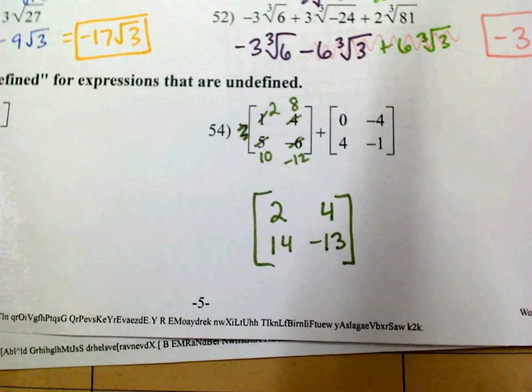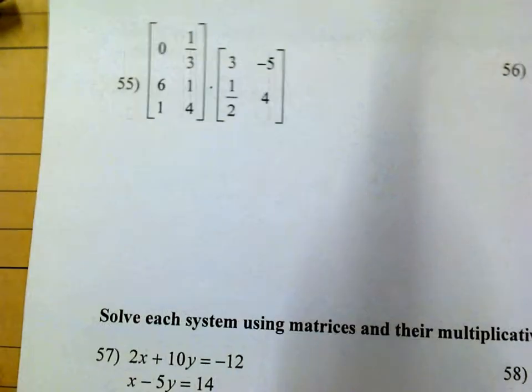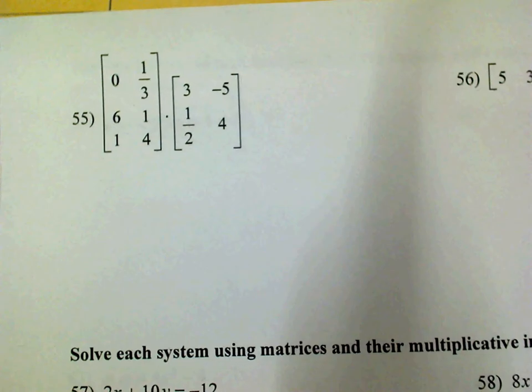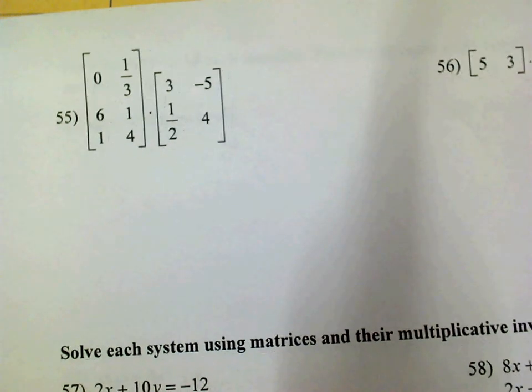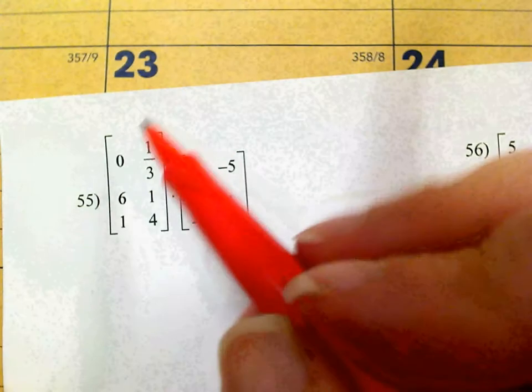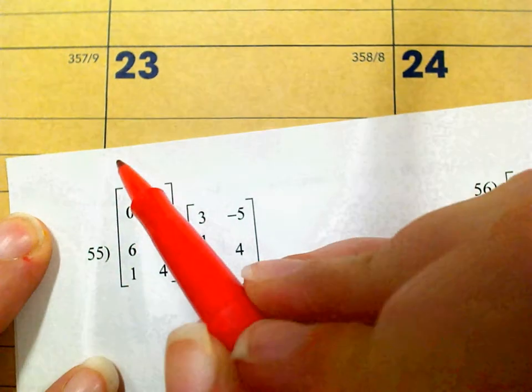All right. I left you some space on 55. So, okay, first, what do I need to do before I start multiplying matrices? Right. Make sure the dimensions match up, right? What are the dimensions of this first one? It's 3 rows by 2 columns, so it's a 3 by 2 times a 2 by 2.